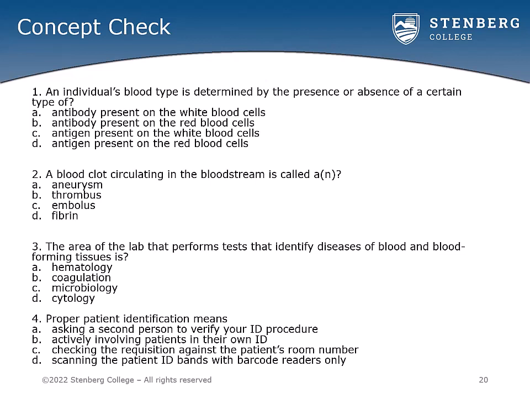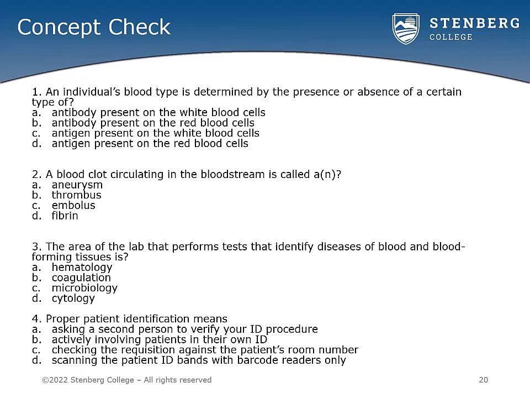Or D. Antigen present on the red blood cells. Question 2. A blood clot circulating in the bloodstream is called a or an A. Aneurysm. B. Thrombus. C. Embolus. Or D. Fibrin.